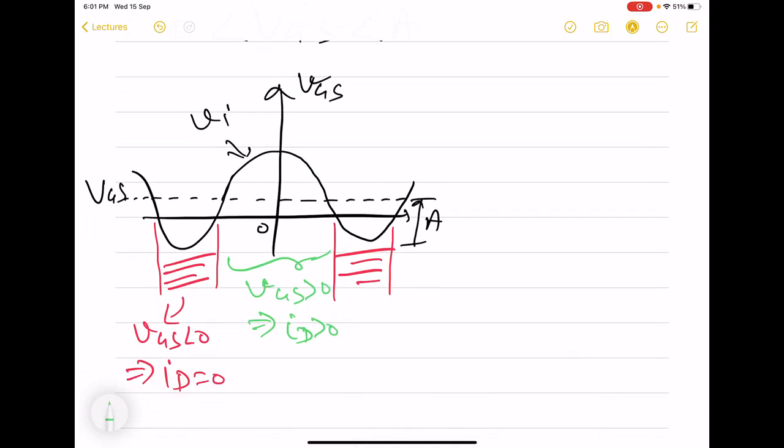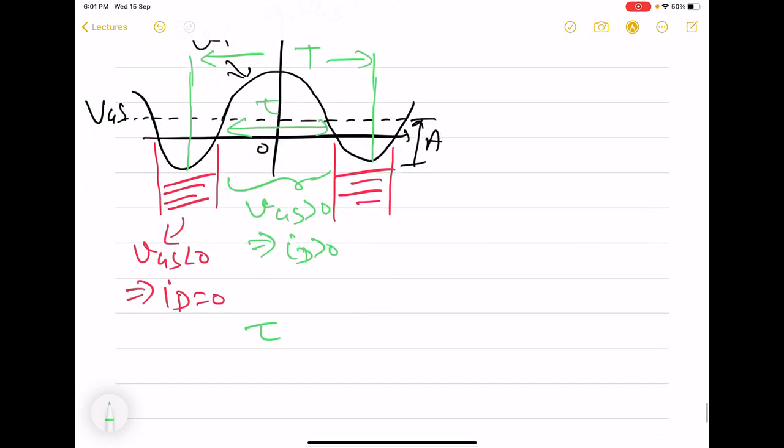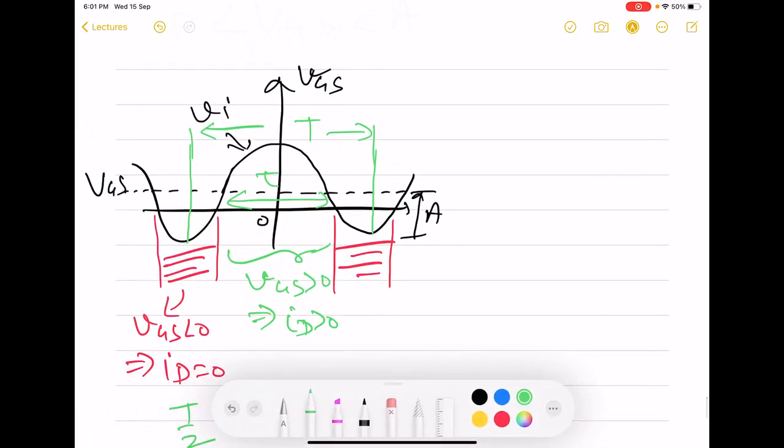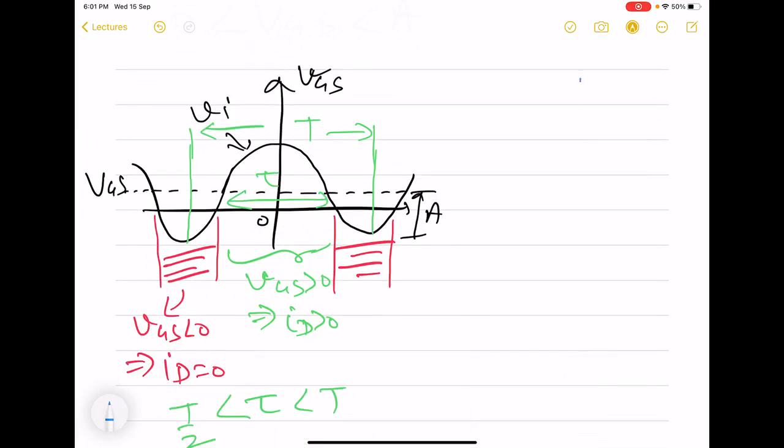But now you can see that this is the duration of the one cycle. This is T, and it is going to conduct for this much duration, tau, and tau is greater than T by 2, but less than T. And in this case, then we can see the drain current waveform.